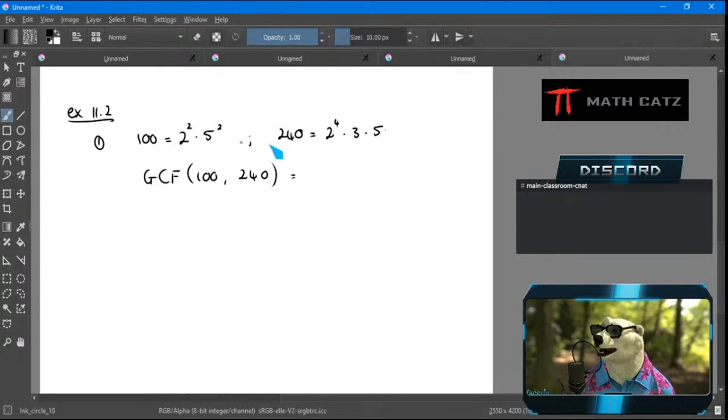It needs to fit into both. So it's going to consist of some 2s and some 5s, not 3, because it's not common. Though 240 has some 3s in it, 100 says, no, I'm not linked to 3s at all. I'm not interested. I have no room for them. It's not what I'm about.